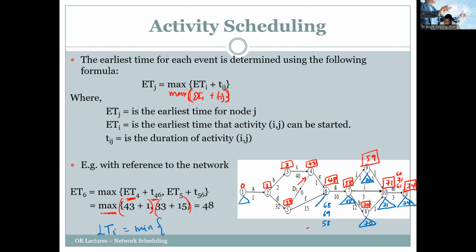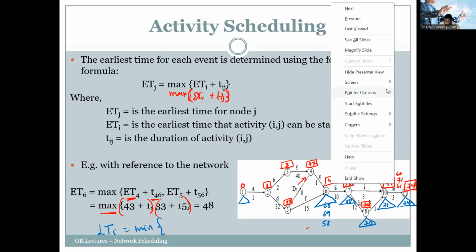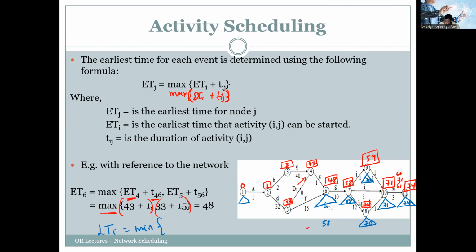58. Then we have this. It's computed by 58 minus 10 is 48. 48 minus 15, 33. 48 minus 1 is 47. 47 minus 40 is 7. 7 minus 2 is 5. 33 minus 32 is 1.